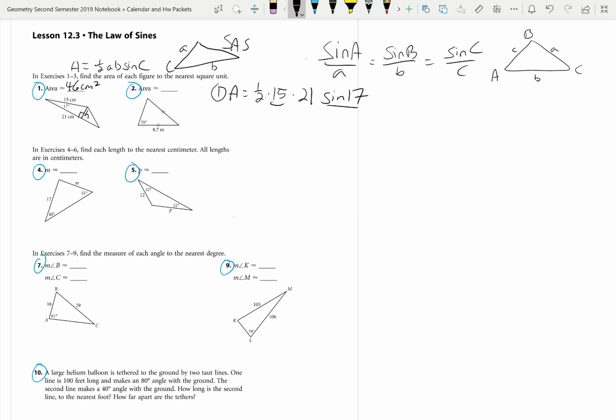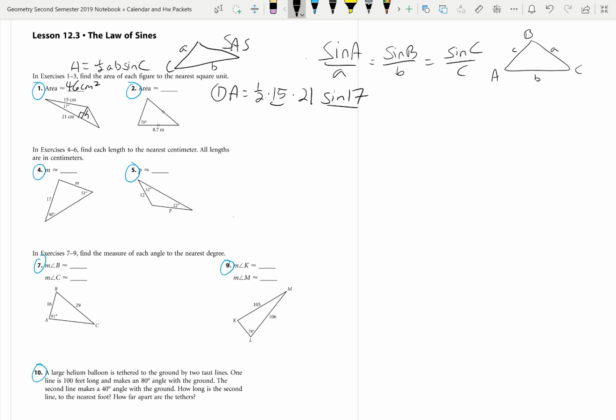Let's verify that: 0.5 times 15 times 21 times sine 17. If you're not getting 46, make sure your calculator is in degree mode, not radian mode. Just press the mode button, go down until you see degree and radian, and make sure degree is selected.